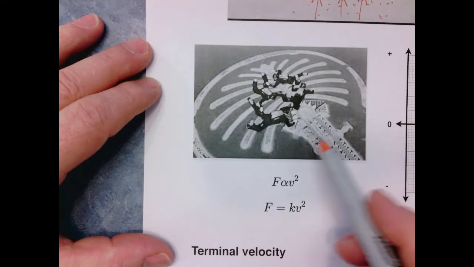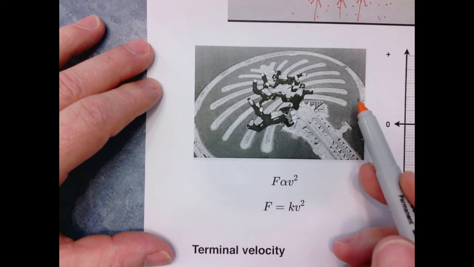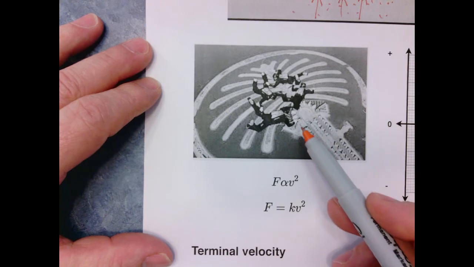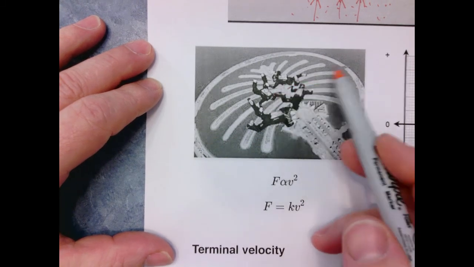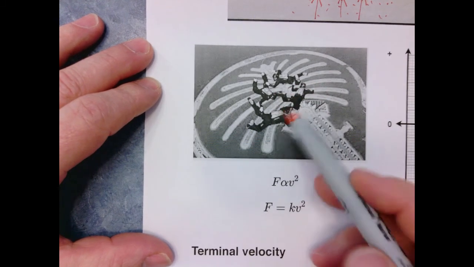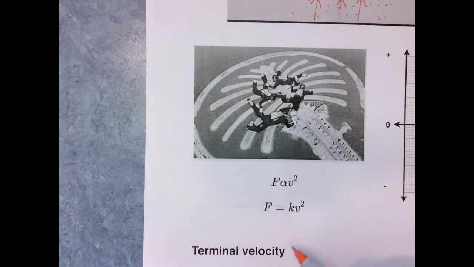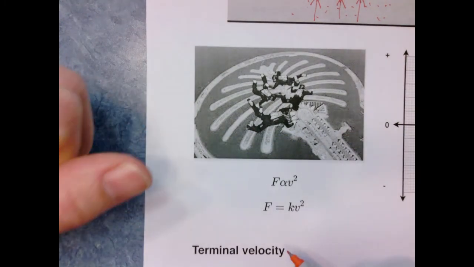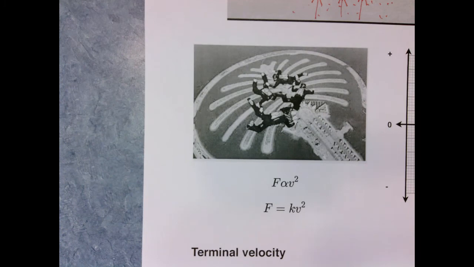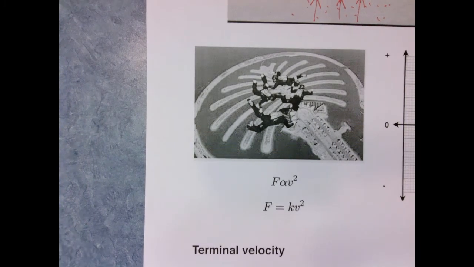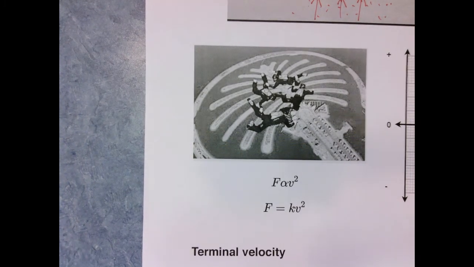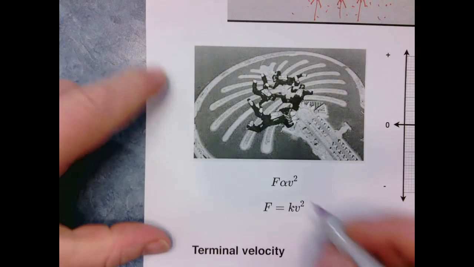Here we have another image of a housing development in Dubai. You may have seen this made in the image of a palm tree. They built these islands and a whole bunch of homes. We have a group of skydivers here. Well, how does this air resistance or force of air resistance behave? The force of air resistance is proportional to the velocity squared.